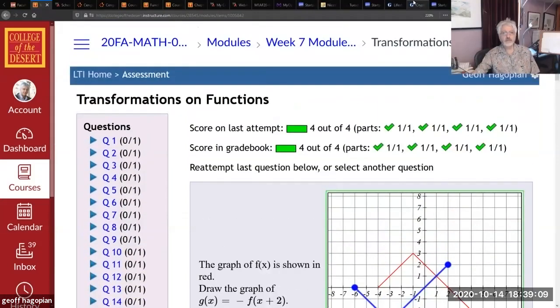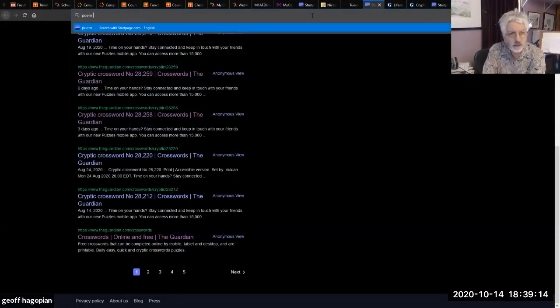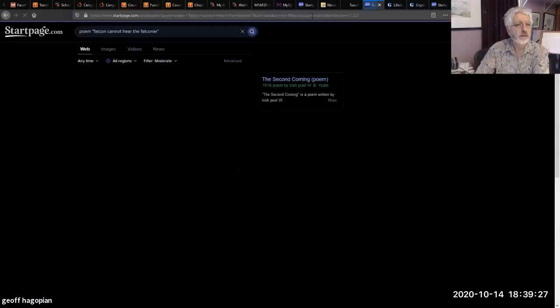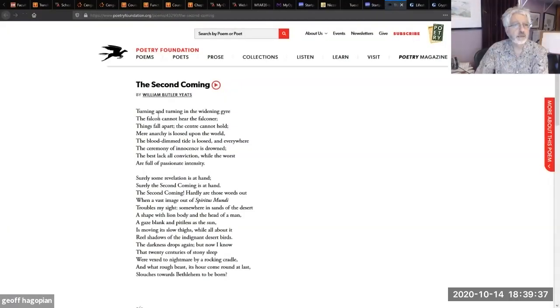So let's search for the poem. How about the falconer? The falcon cannot hear the falconer. That's another quote from that poem, and it'll take us to The Second Coming. I had the poet right, William Butler Yeats. Turning and turning in the widening gyre. Oh, that's very much a trigonometry idea. The falcon cannot hear the falconer.